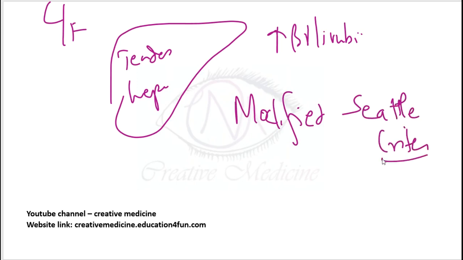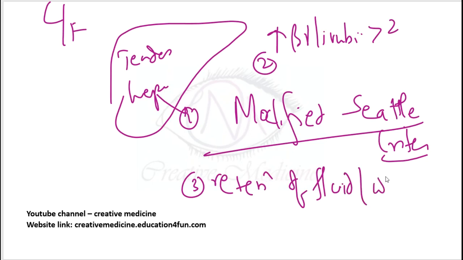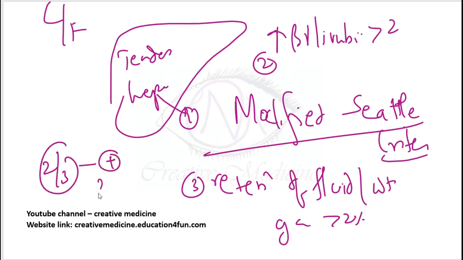According to it, there is tender hepatomegaly, hyperbilirubinemia of more than 2, and also retention of fluids or weight gain of more than 2%. If 2 out of these 3 are present within 20 days of stem cell transplantation, then it is veno-occlusive disease.